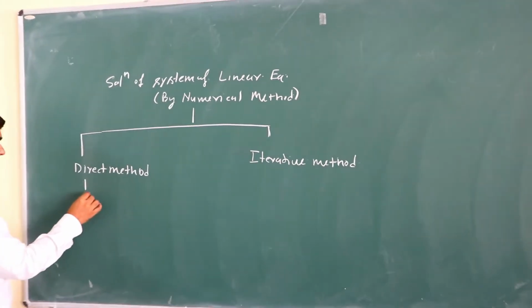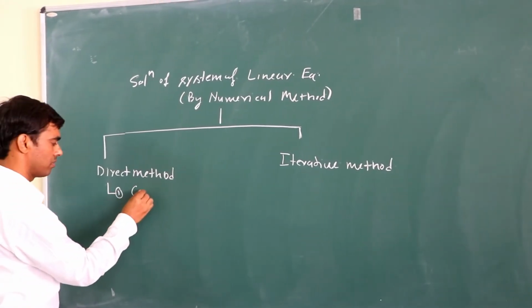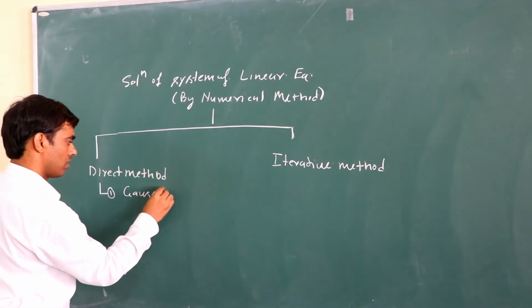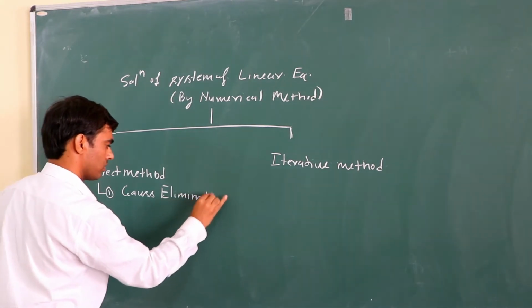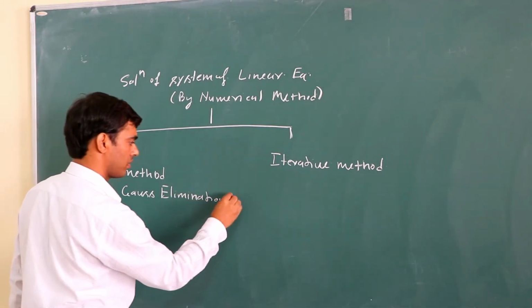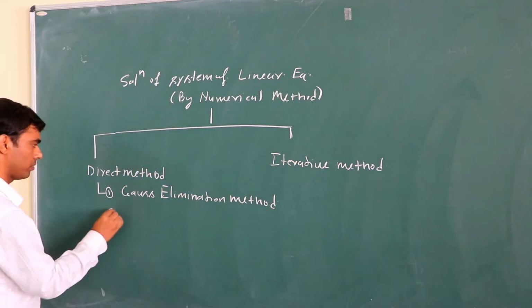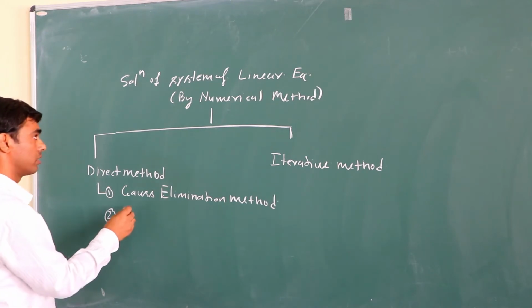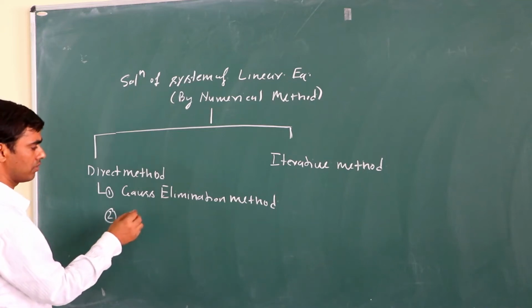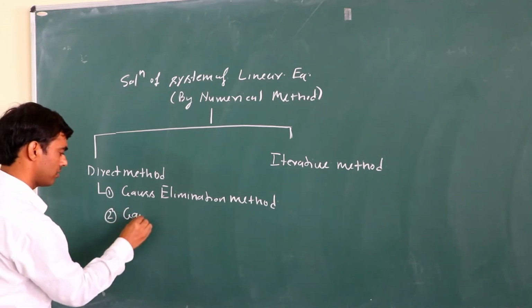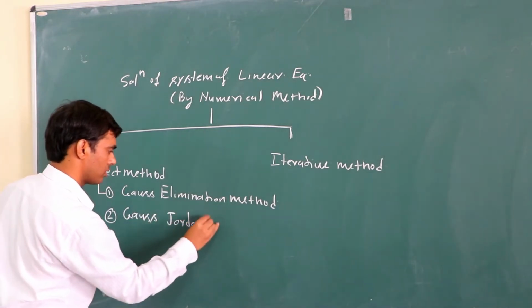First one is the Gauss elimination method. Second one is the Gauss-Jordan method.